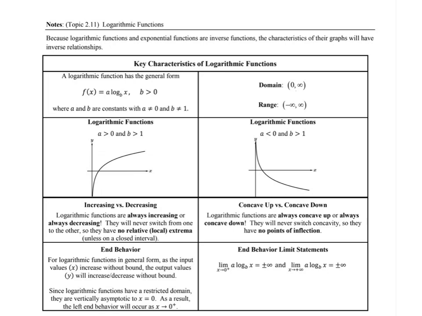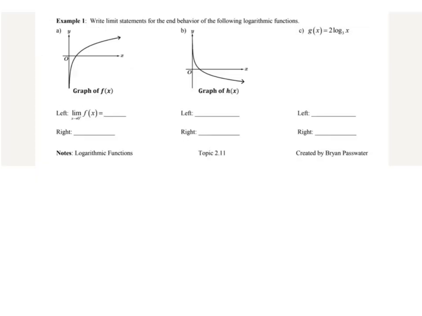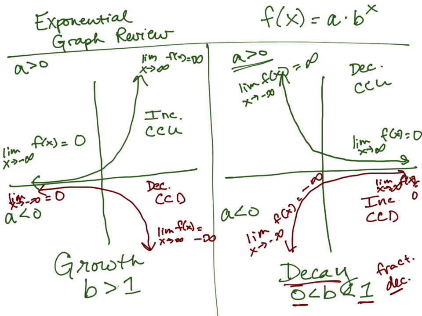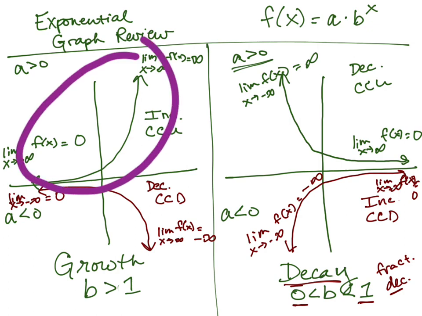The domain, because these functions are inversely related, look at the range of our exponential functions. Let's zero in on this one right here. What's the range? All real numbers greater than 0. So the range here would go from 0 to infinity.